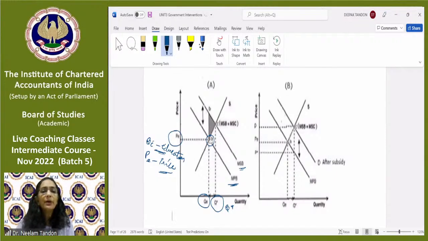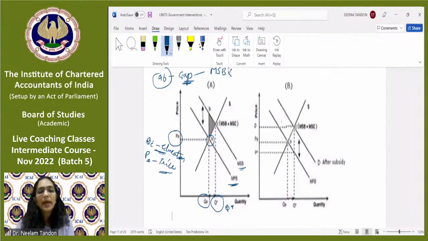So what is the gap here? AB is the gap. That means marginal social benefit is less, and marginal private benefit is here.